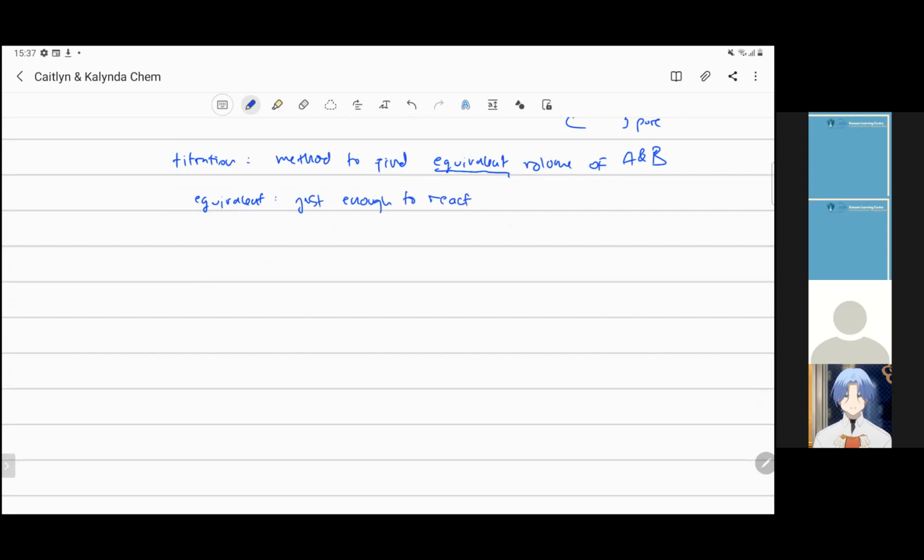In this case, we don't need to know the concentration of acid and base. We just need to know, okay, I have this acid and I have this base. Find out the ratio between them so that they're going to annihilate each other.